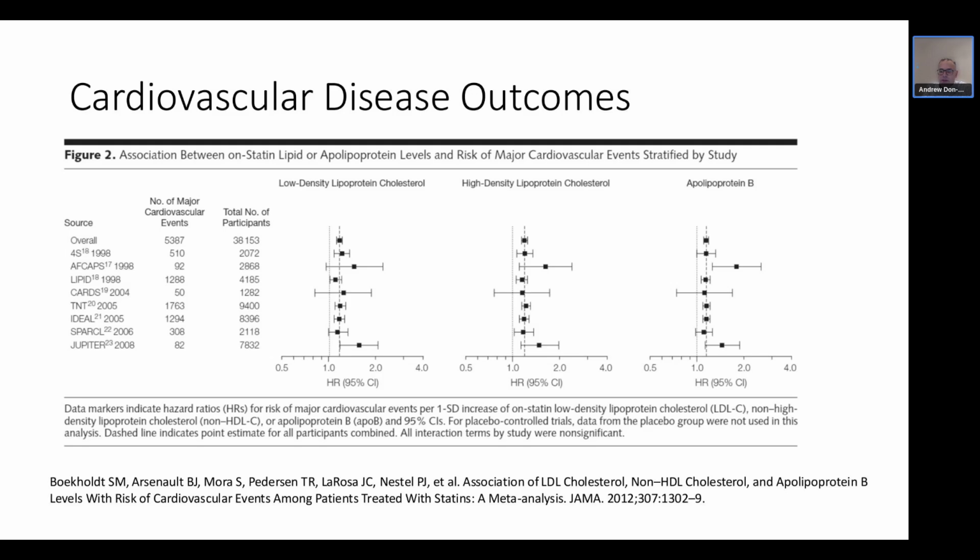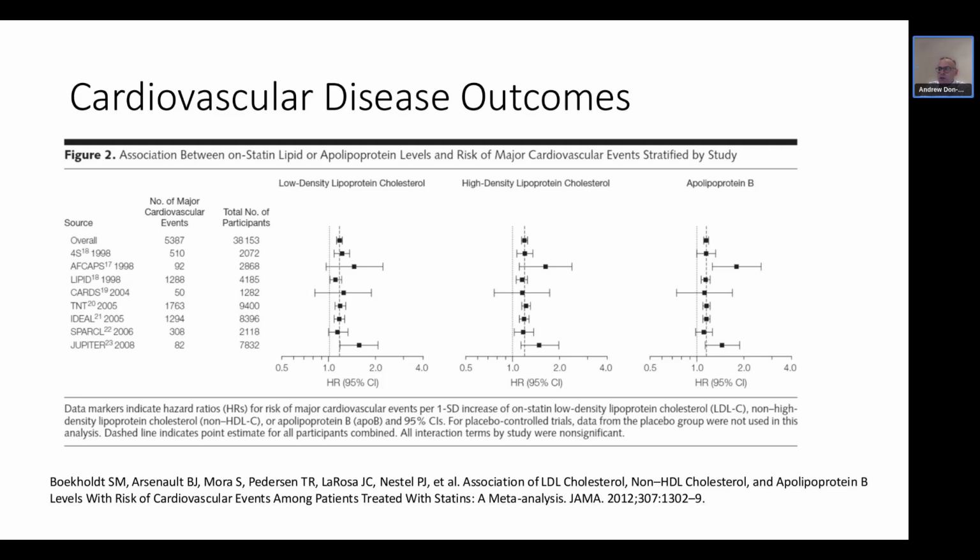If you look at the overall scores, where you have about 5,000 odd cardiovascular events and 38,000 participants, the very top box in the first column is low density lipoprotein cholesterol, and you can see the hazard ratio is above 1. There are quite nice tight error bars around that.